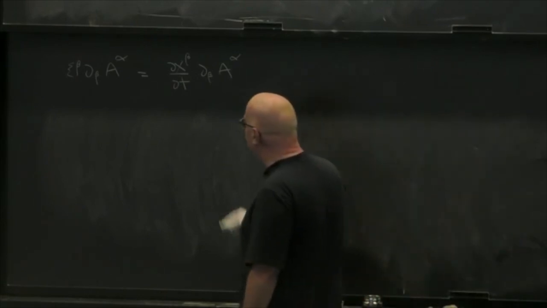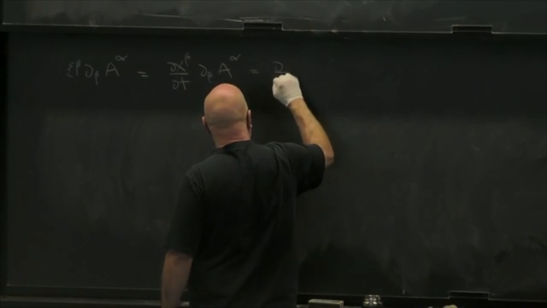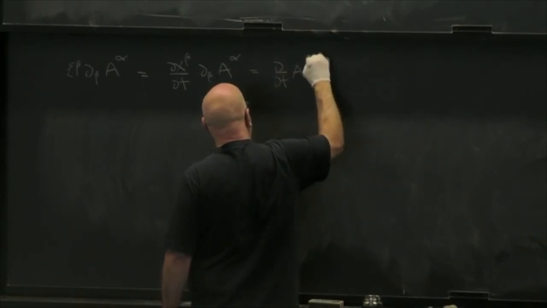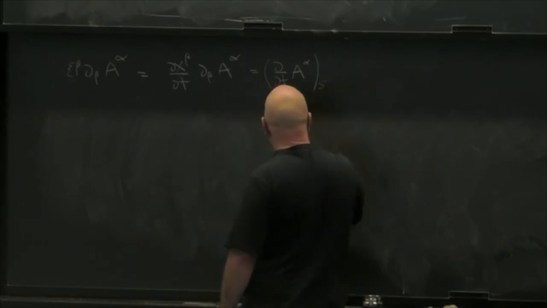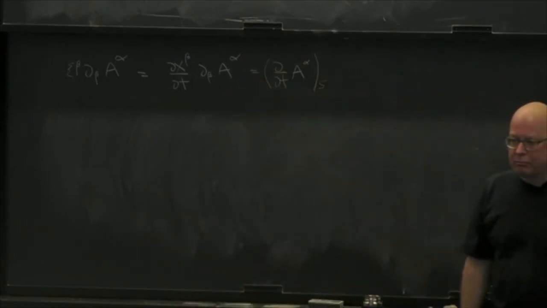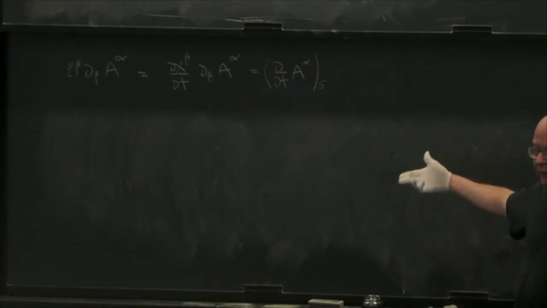So I can write it like this, and when I combine those two terms over here, what I'm really talking about here is the partial t derivative of my vector field, keeping s constant. Because if I'm saying partial with respect to t, that means that I'm keeping something fixed. And in the context, it's clear, I think, that what I'm keeping fixed is the second parameter s.